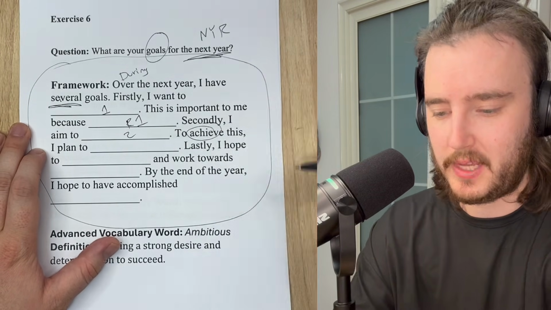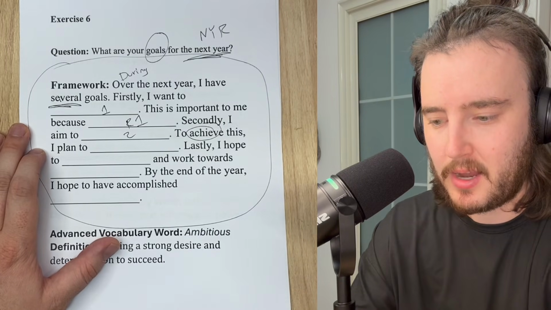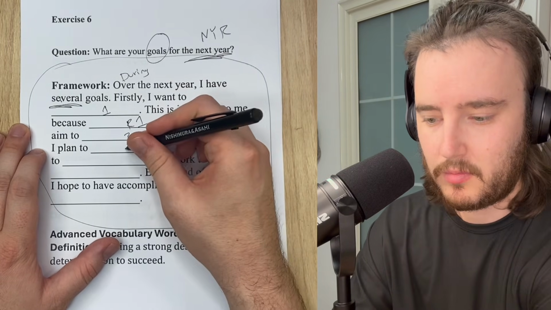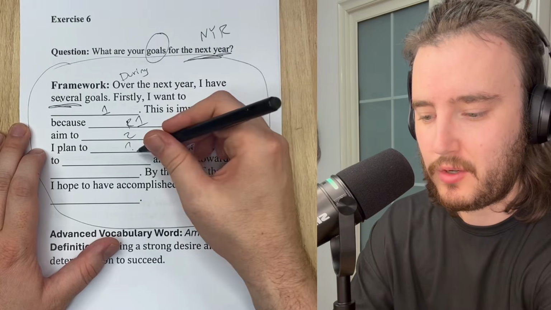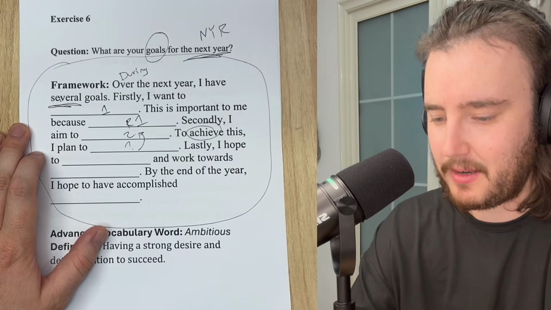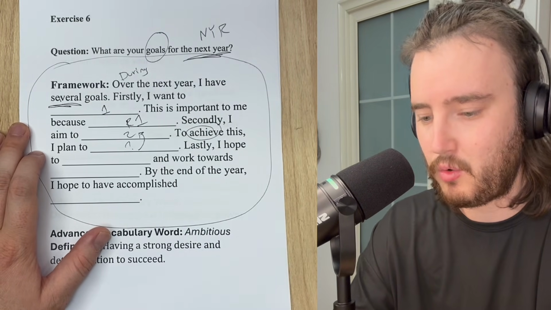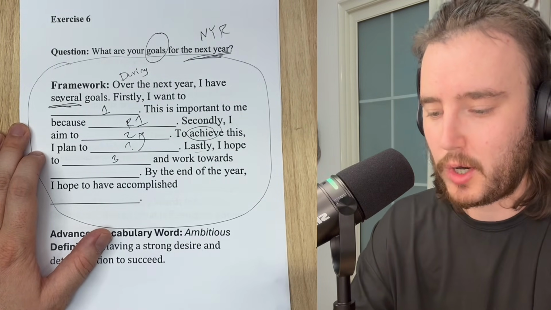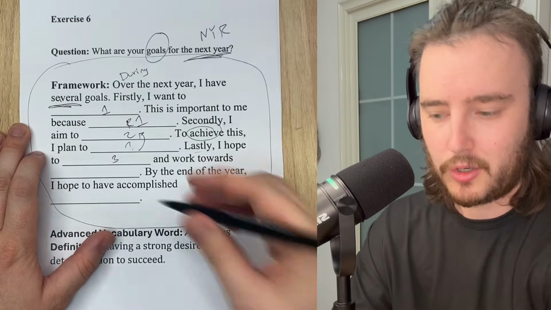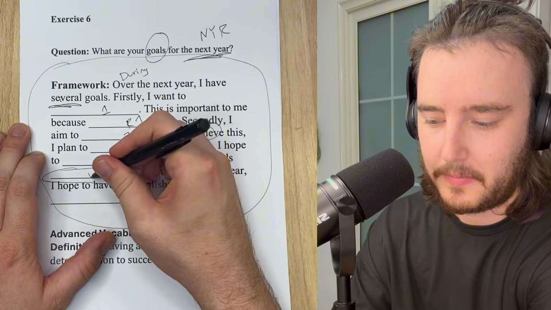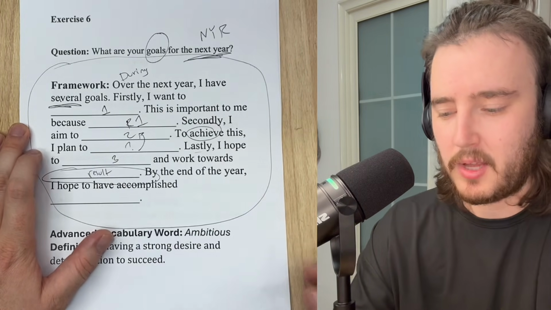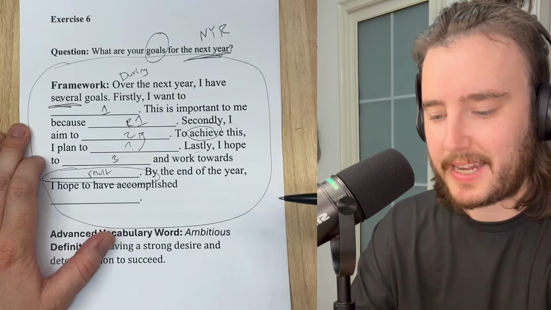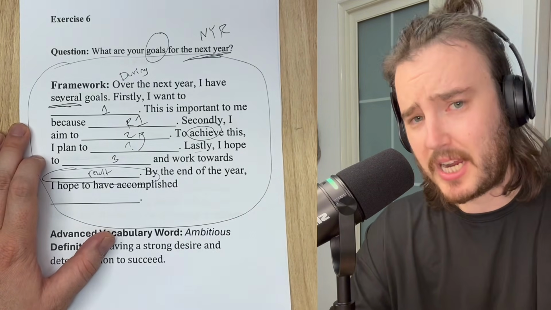To achieve this or to make this happen, I plan to do what? What are you going to do to achieve goal number two, rather? Lastly, I hope to, three, and work towards, this could be a result. For example, I hope to increase my salary and work towards early retirement.